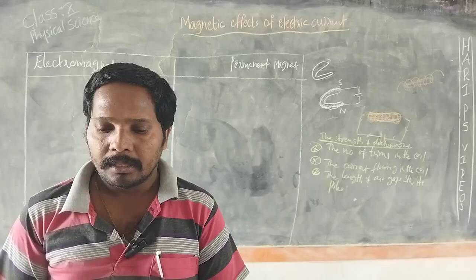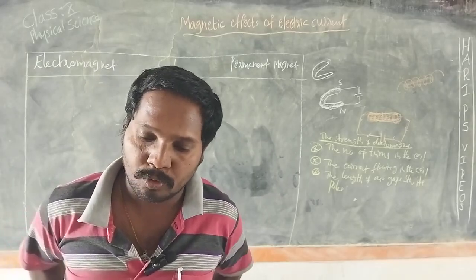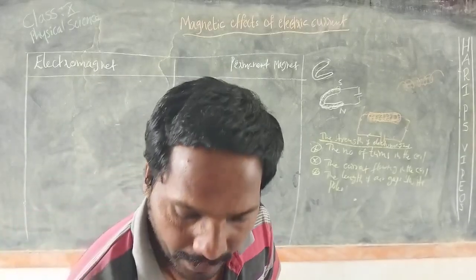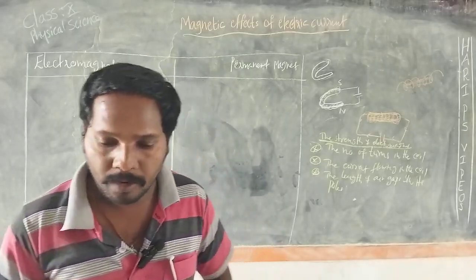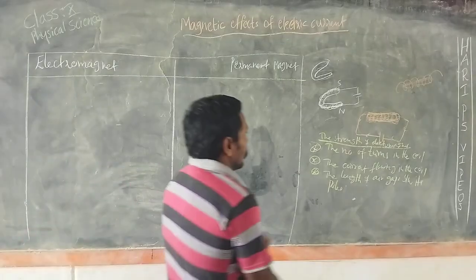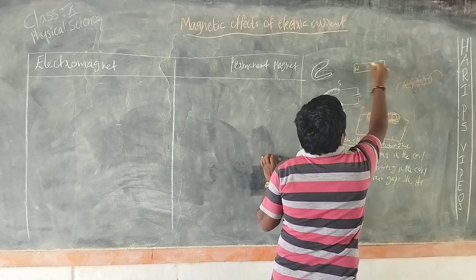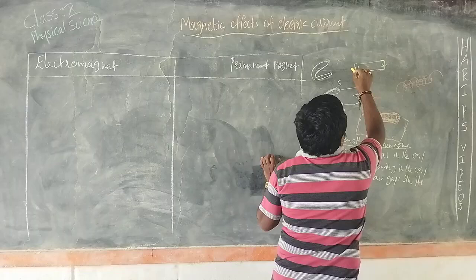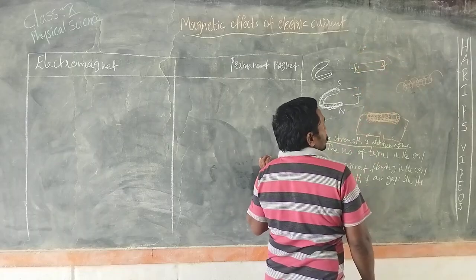For example, the air gap between the poles of a straight bar type electromagnet is quite large, so a bar type electromagnet is not very strong. Between the north and south pole, the air space is more.